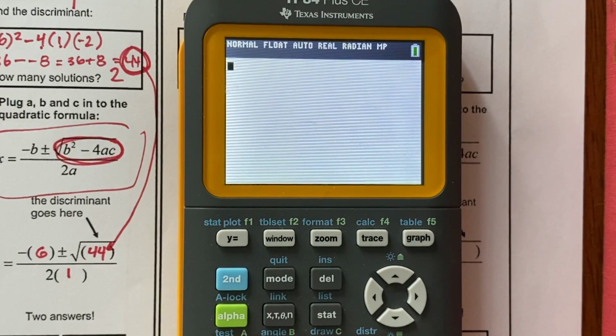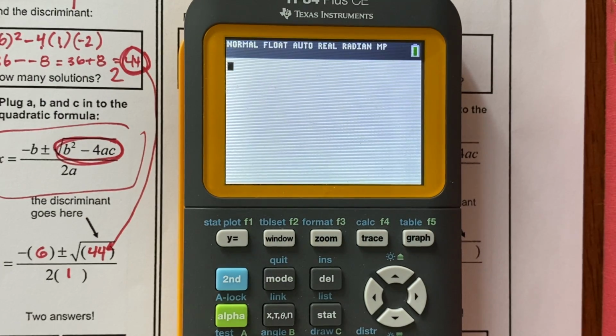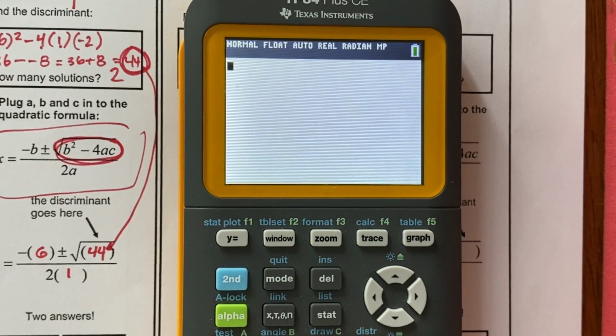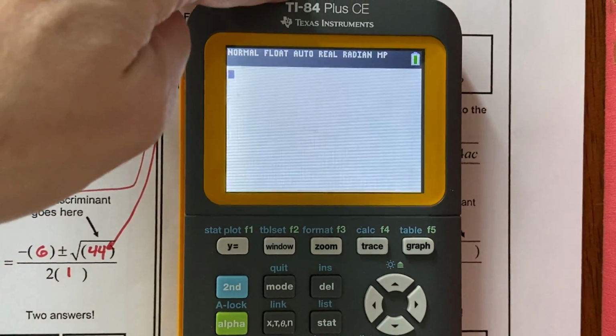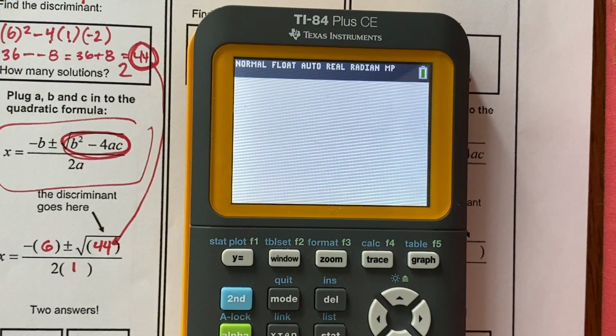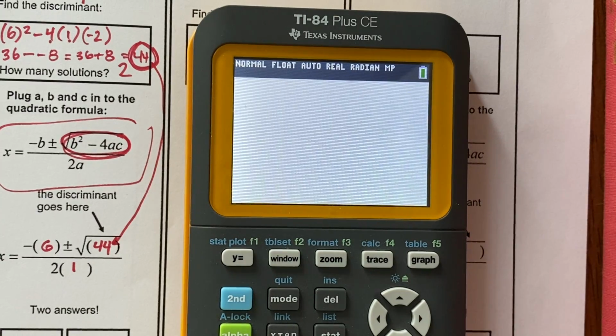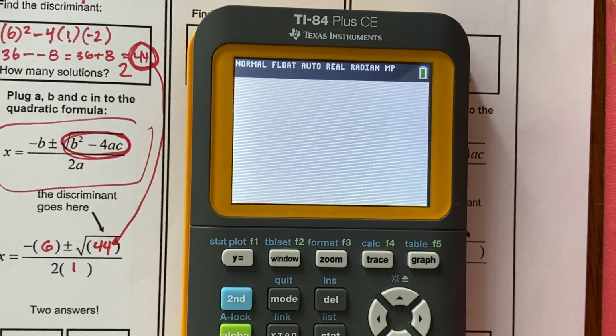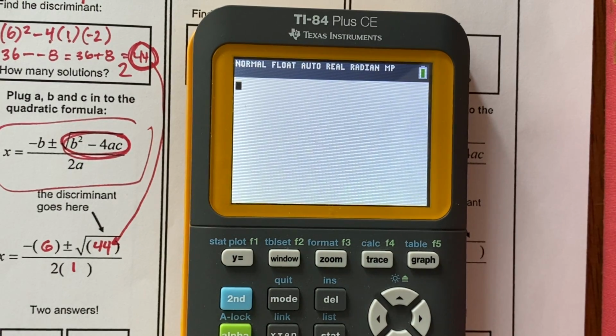The square root of 44 is somewhere between 6 and 7, and it's not a good idea to estimate it at this point. Remember how to get a fraction in your calculator, and again, I sent a link to download a graphing calculator app that looks exactly like the TI 84 Plus CE that we have in class, that I have in front of me right now.